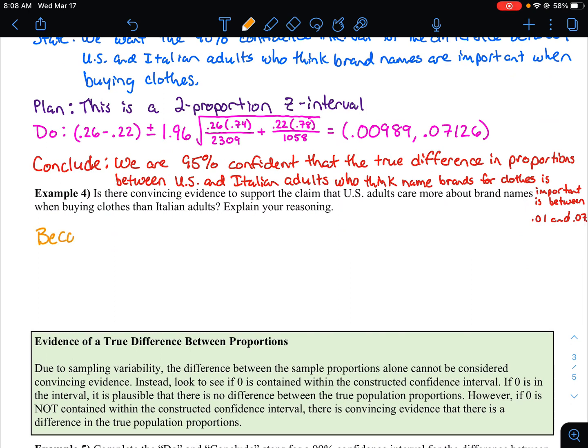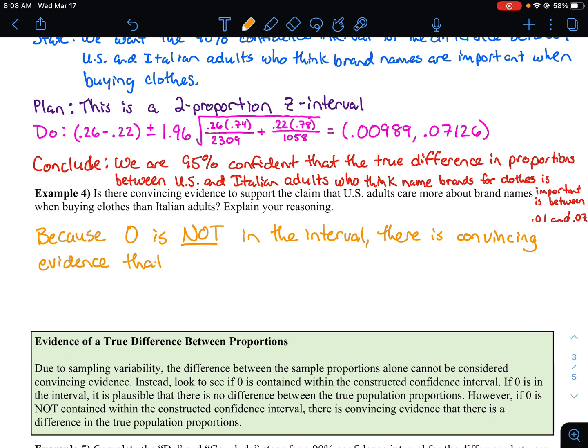So we could say something like, because 0 is not in the interval, there is convincing evidence that U.S. adults care more about name brands than Italians.